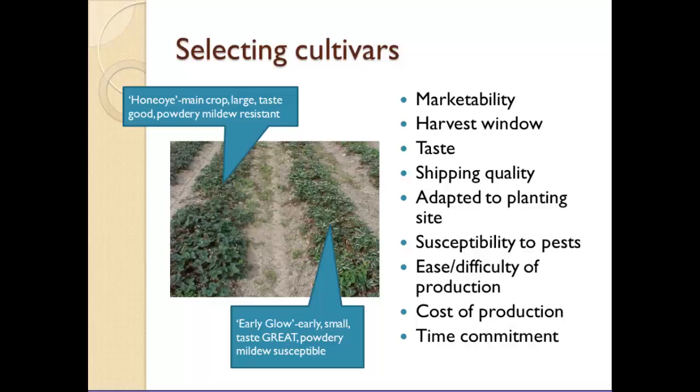Honeoye, which is considered a main crop strawberry, has good powdery mildew resistance. And then to the right in the picture, this is Earliglow. This is one of the earliest strawberries that just tastes wonderful, but it is offset in that it has very small size. But one of the other problems is it's fairly powdery mildew susceptible.